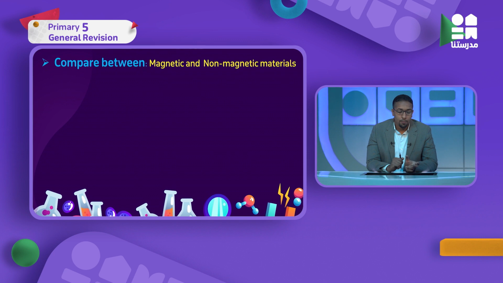This question compares between magnetic and non-magnetic material. So what is the point of comparison? The points of comparison, definition and example. So we have to define magnetic material and non-magnetic material and give examples for each of them.